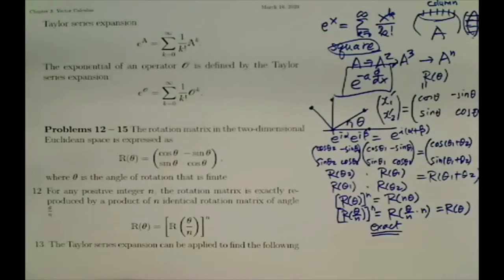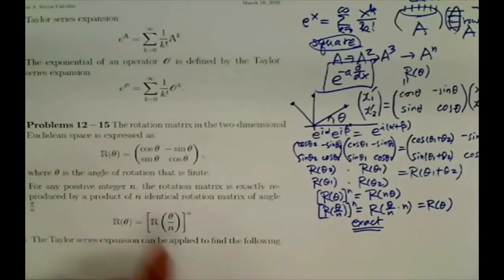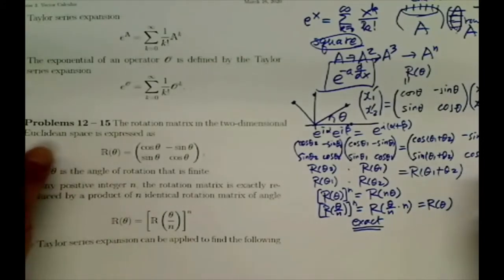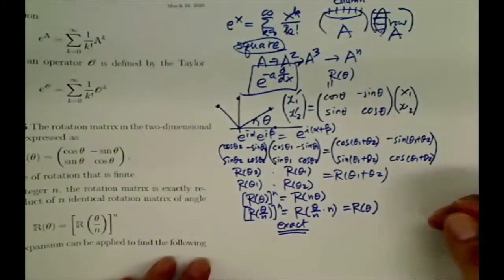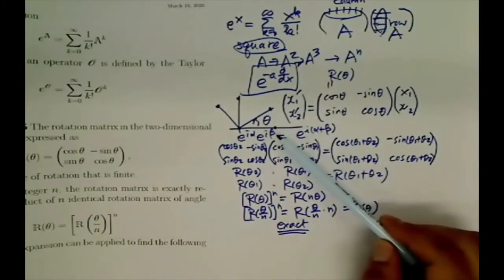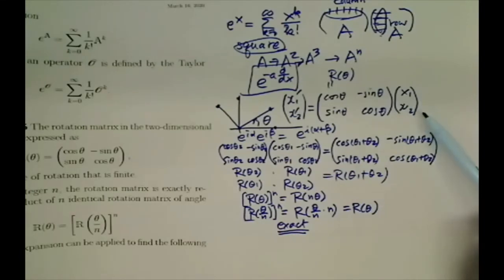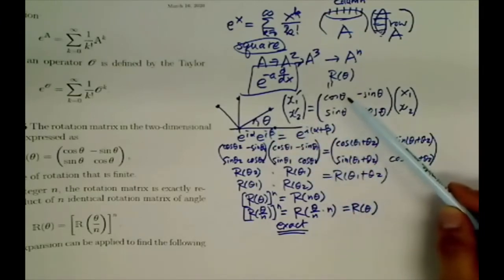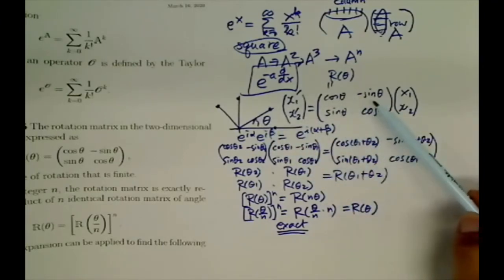The simplest case is the rotation matrix R. This rotation matrix R is for the two-dimensional Euclidean space, and rotation is made about the z-axis by a finite angle theta. We recall that the components x1 and x2 are transformed under this rotational transformation as cosine theta, sine theta, minus sine theta, and cosine theta.